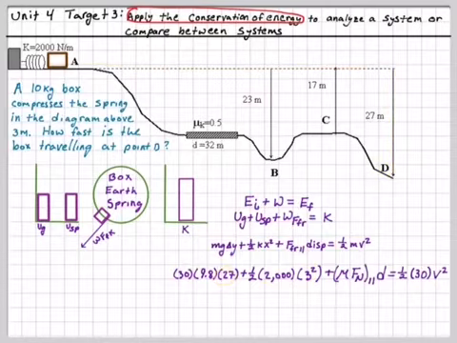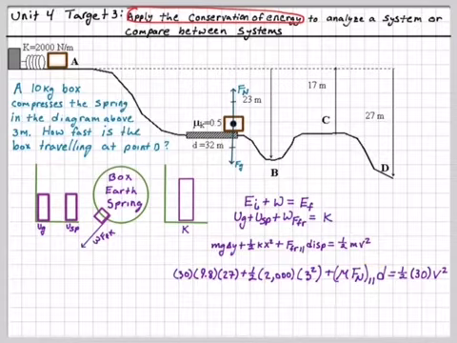What we need to do is a little more thinking about the mu times normal force times the displacement parallel to it. First of all, the way we're going to solve for the normal force is by recognizing that since the box is on a flat surface, the normal force is going to be equal to the force of gravity. Again, it's not on an incline, it's on a flat surface, so those two things are going to be equal to each other.